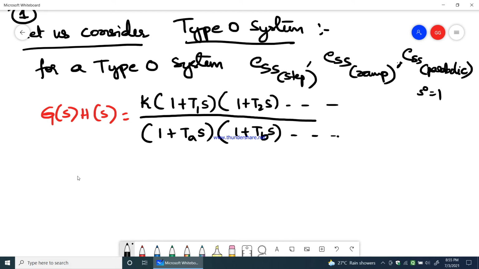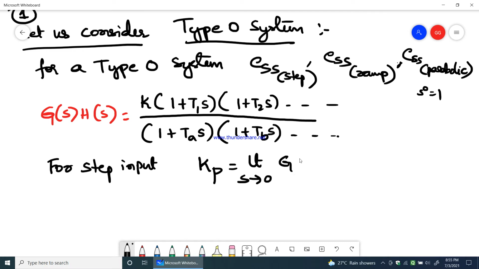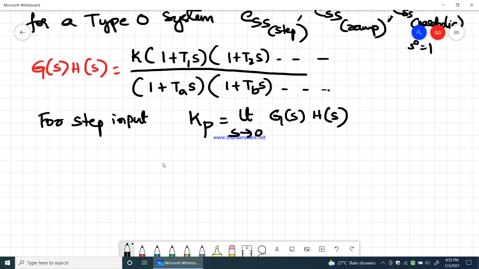Now for a step input, we know that Kp equals limit s tends to 0 of G(s)H(s).